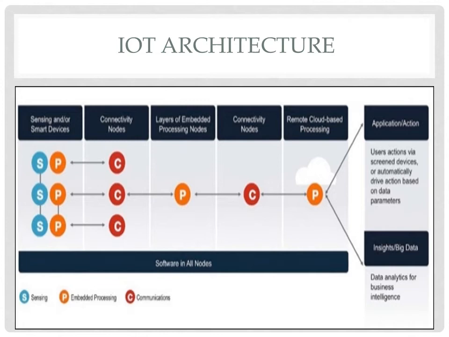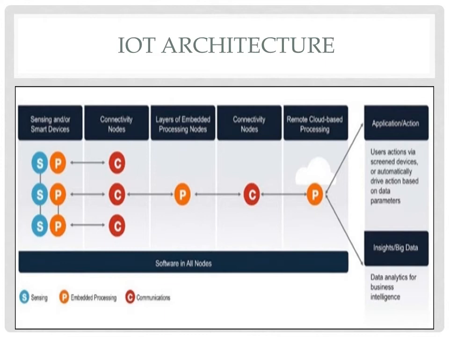So here is the IoT architecture, in which the main blocks are sensing devices or smart devices, then connectivity nodes, layers of embedded processing nodes, then connectivity nodes and remote cloud-based processing.